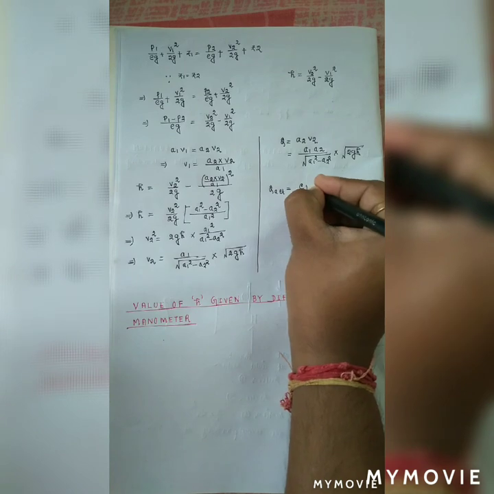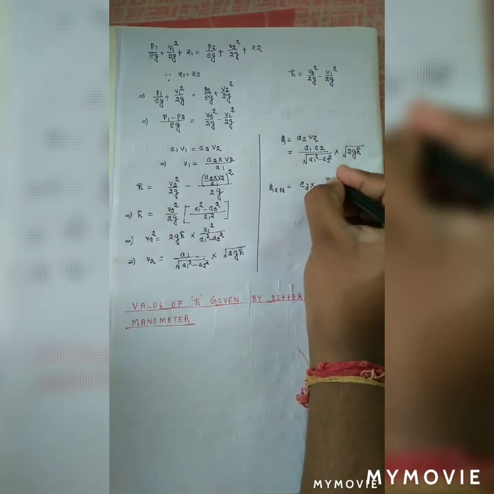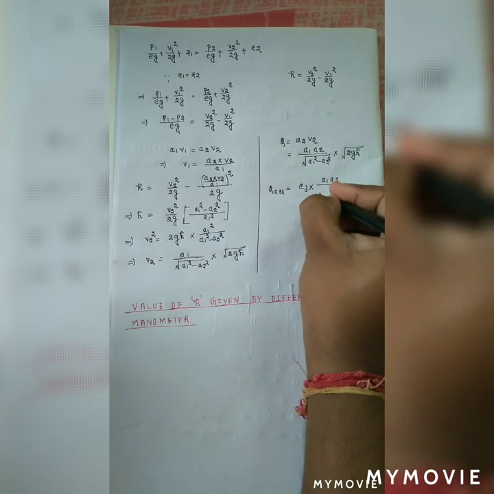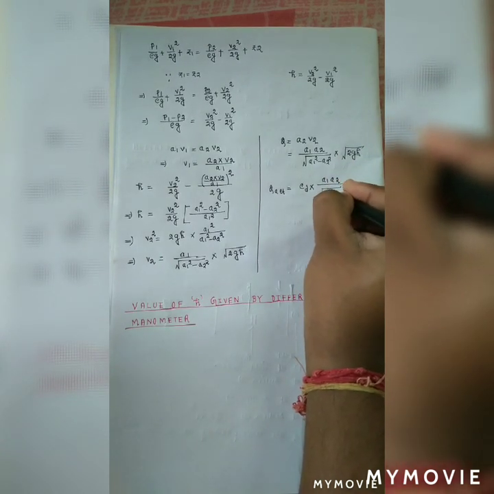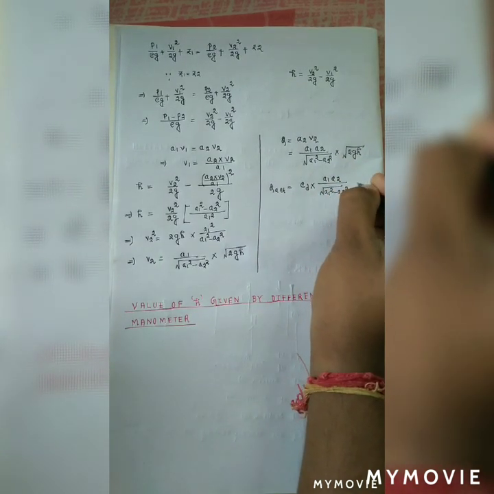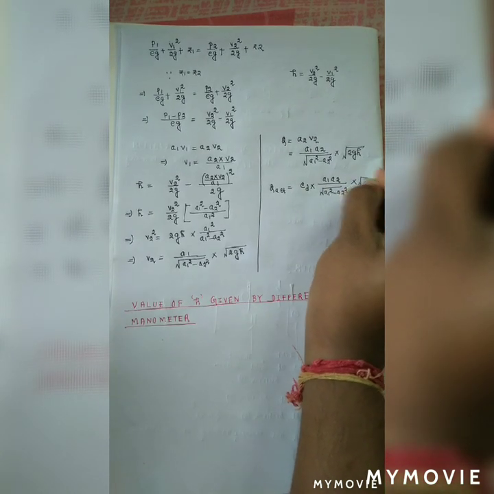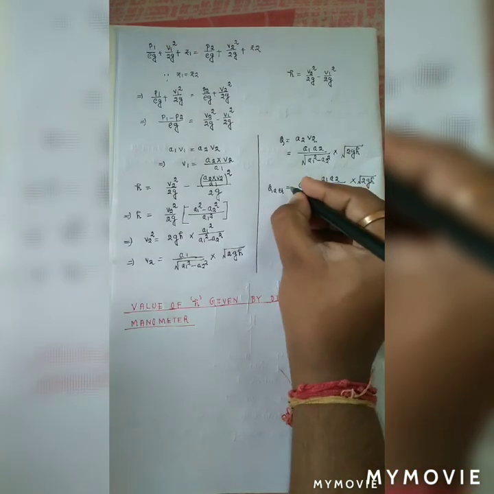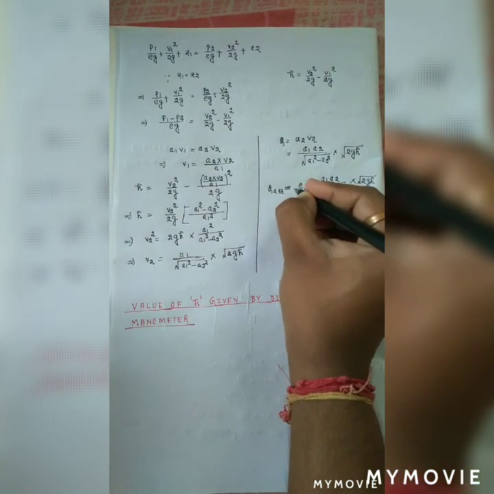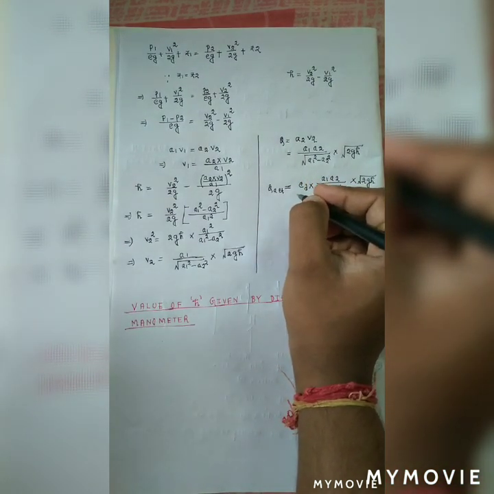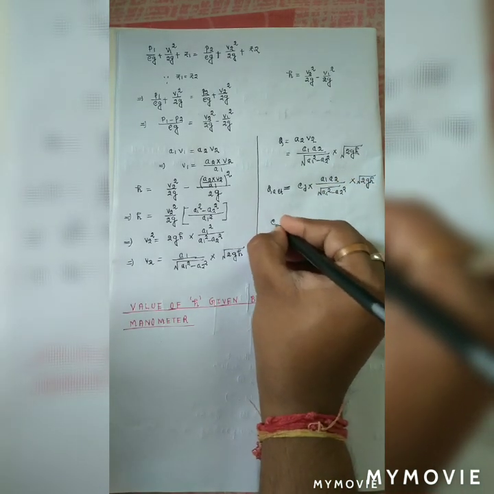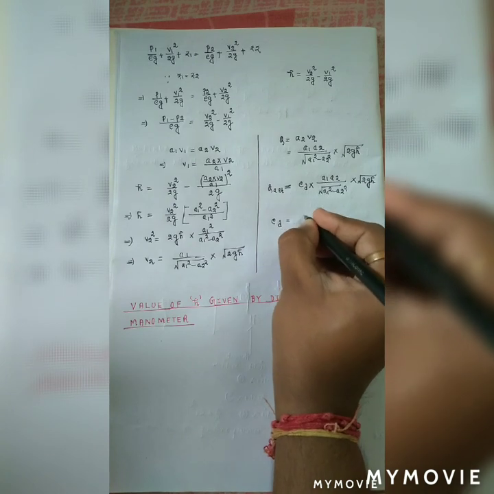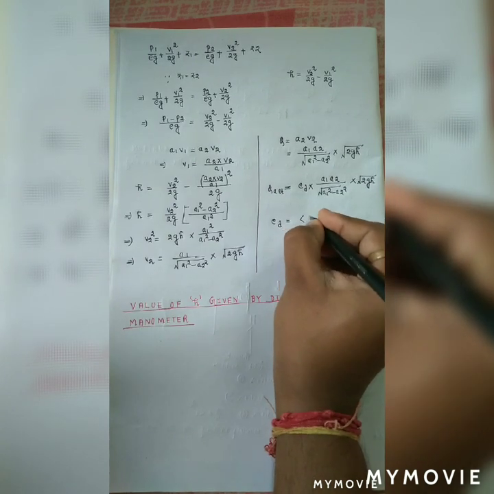So Q actual discharge equal to Cd into a1 into a2 by root over a1 square minus a2 square into root 2gh. Now we know the value of Cd is always less than 1.